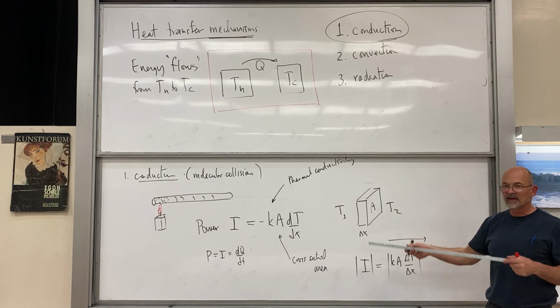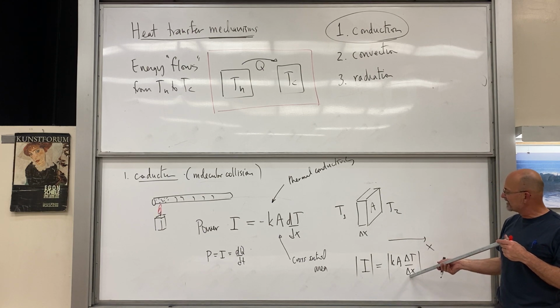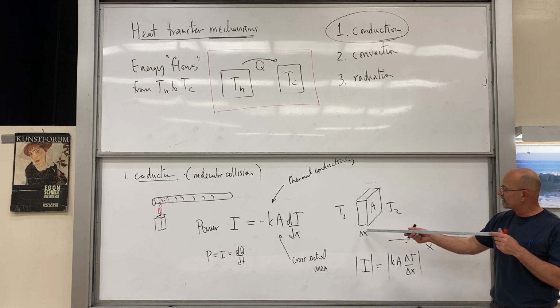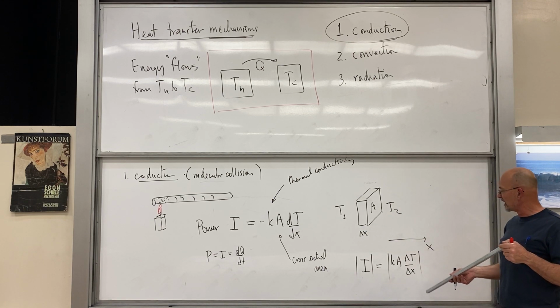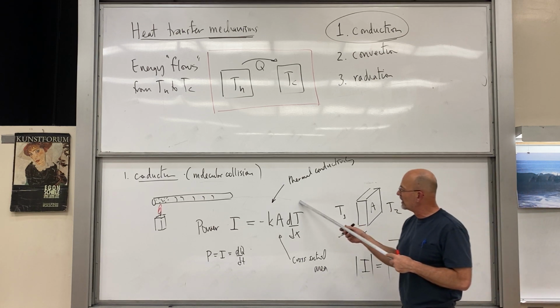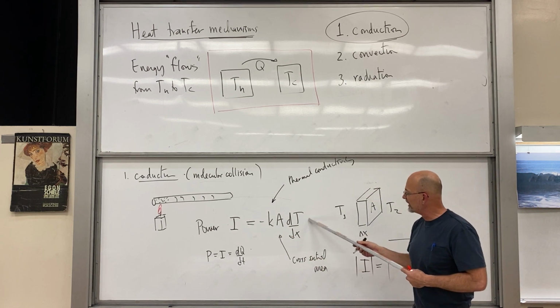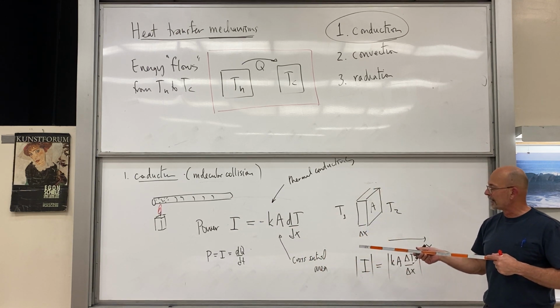Twice as big an area, twice as much energy can go through. You can also see the delta X in the denominator. If it's thicker, you're going to get less energy flow. If it's thinner, it's going to be more direct. So this is a really sensible and intuitively correct formula.